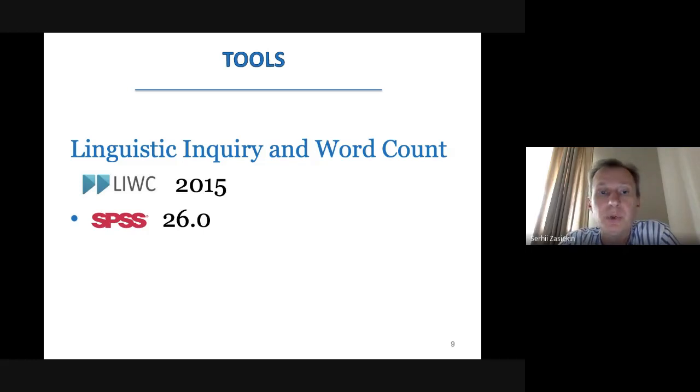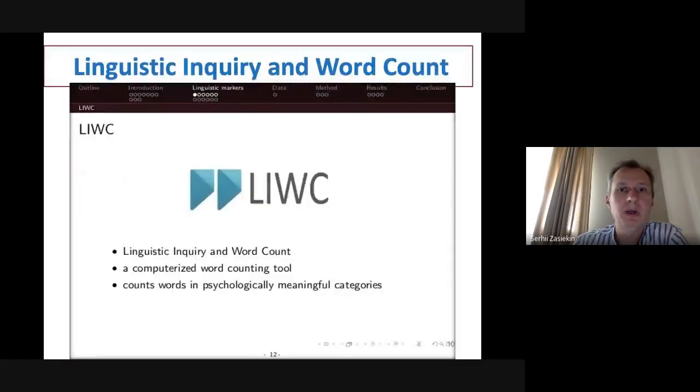And we used SPSS to process our mathematical data.